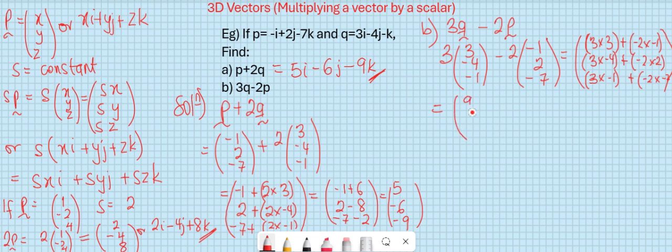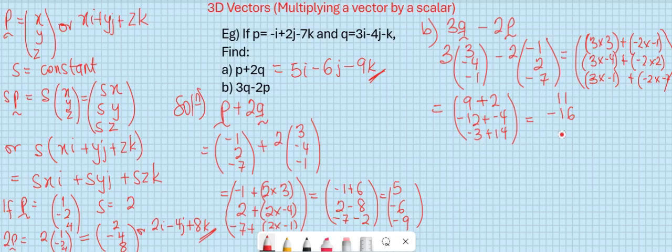So what do we get here? We have 9 plus -2, -12 plus 4, and then -3 plus 14. 9 minus 2 gives us 7. -12 plus 4 gives us -8.